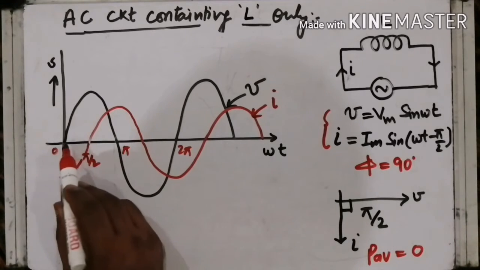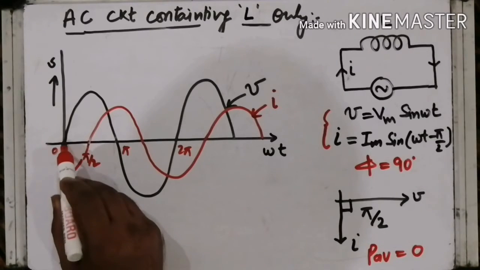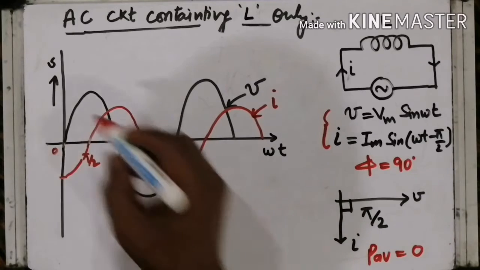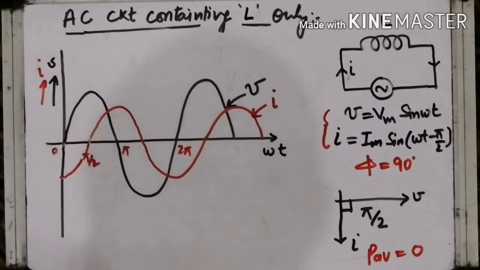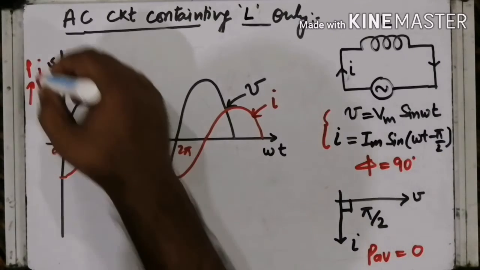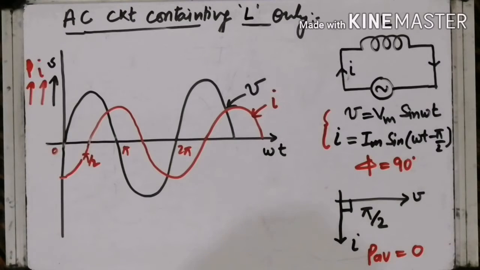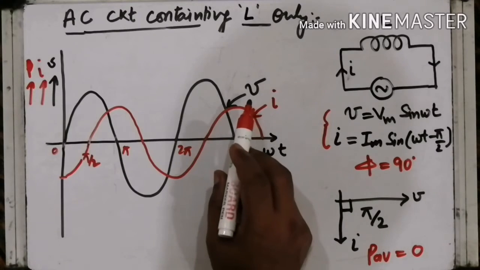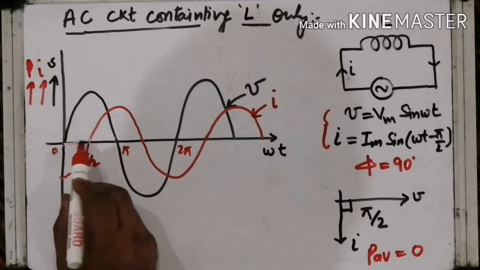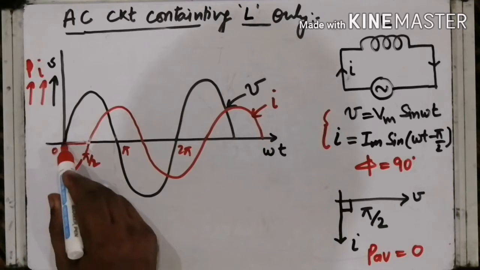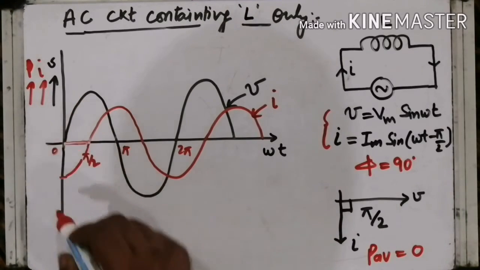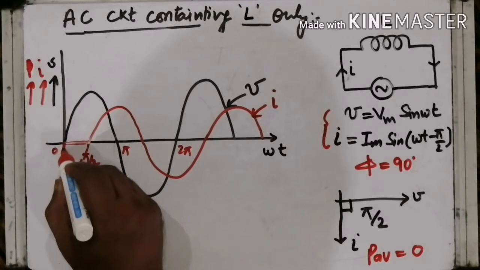From this part to this part, voltage is positive. This one is the current I. Now see the power in the same graph, power P. In this part, current is negative and voltage is positive, so the multiplication of these two is negative.